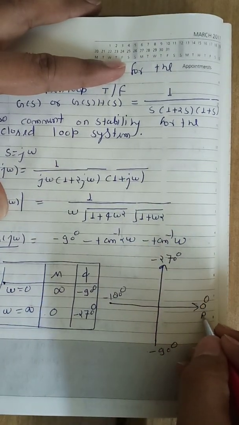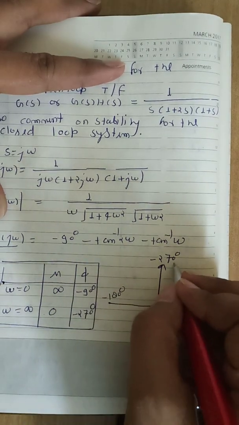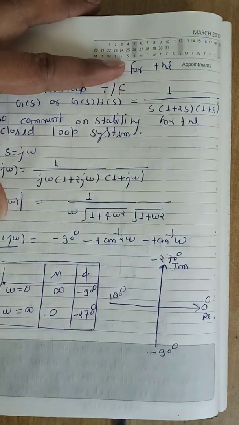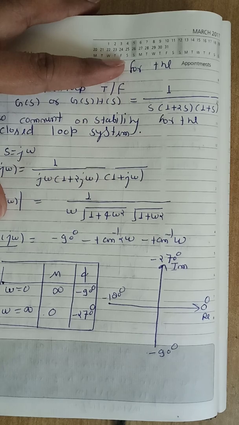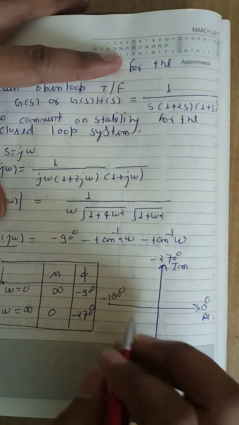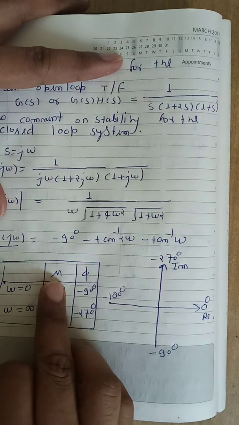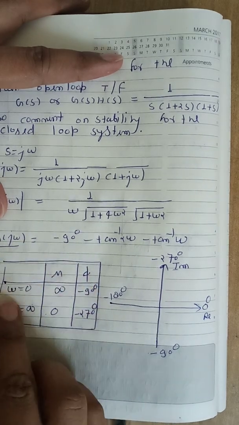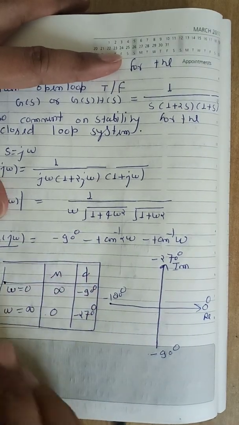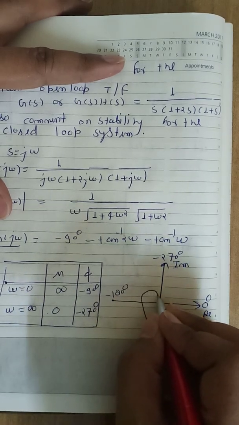Horizontal will define real of G. Vertical will define imaginary of G or imaginary of GH. Now we can draw the polar plot according to magnitude and phase for omega equal to 0 and for omega equal to infinity. We have polar plot like this.